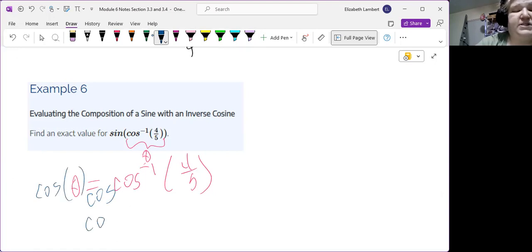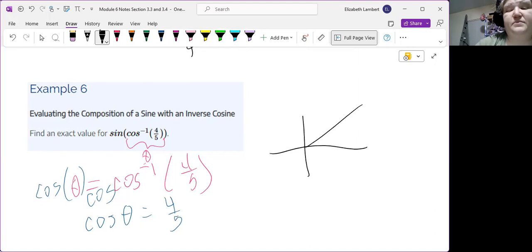And I'm told that the cosine of theta is 4/5. Well, that then is a triangle I can set up. So our cosine is adjacent over hypotenuse. This is our theta, so 4 over 5. 25 minus 16 is 9. Square root of 9 is 3 for our third side.